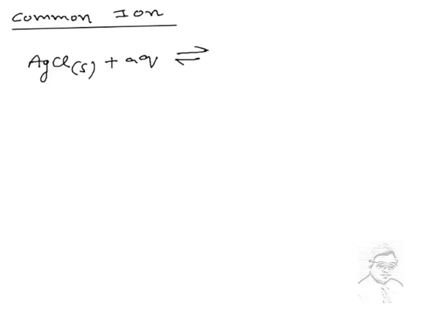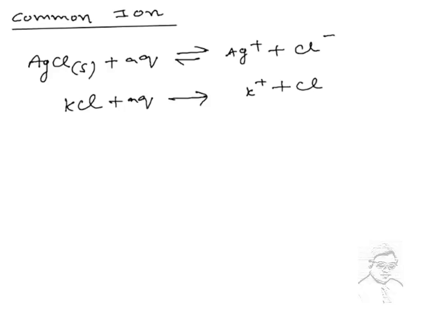So we are using equilibrium. We won't use equilibrium when we are talking about something like NaCl. KCl also same story. We won't talk about equilibrium, just like NaCl. So KCl plus water, single arrow, K plus and Cl minus.